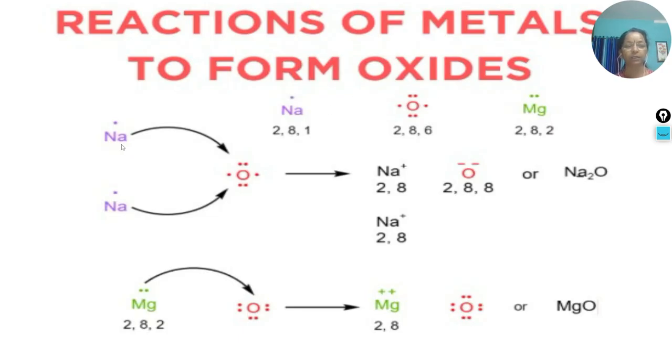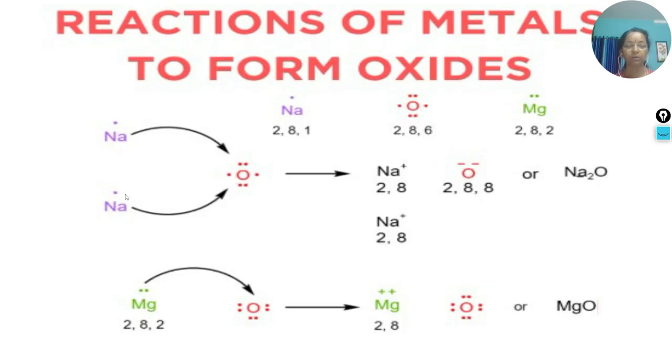Okay. Now sodium oxide. See, sodium, we know the last shell has 1 electron. Oxygen has 6 electrons in the last shell. Okay. So sodium wants to give out this 1 electron, but oxygen needs 2 electrons. So what will it do? 2 sodium have to come to meet 1 oxygen.